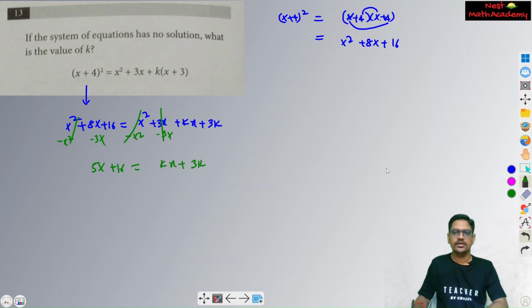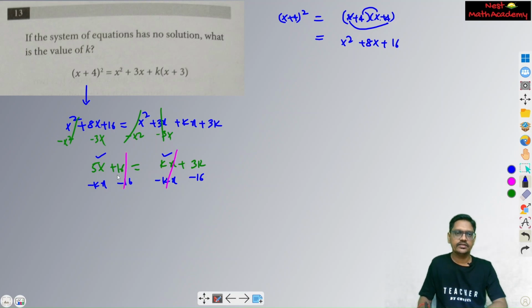Now these two are x terms. I want these two together and constants together. So minus kx, so that I get the kx this side. Both x terms together. See this part, important, and minus 16 so that I get the constants together. So this part cancels, this part cancels.